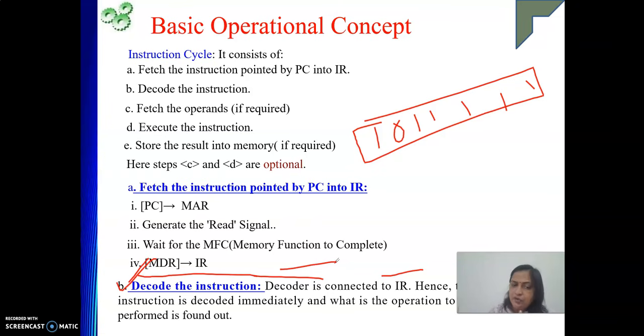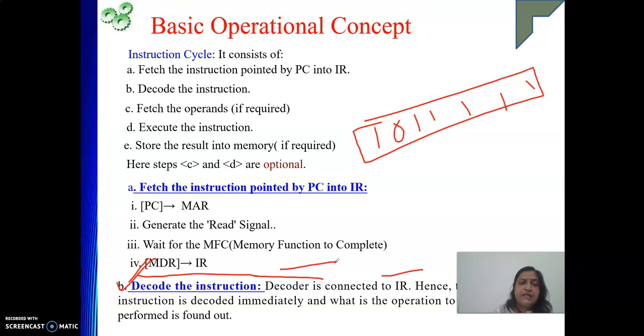It will only tell you where your operands are. But if the operand is in memory, then we need to do one more memory operation. So the first two parts are clear: fetching the instruction and decoding the instruction. Then, if the operands are in registers, perform the operation that is asked.